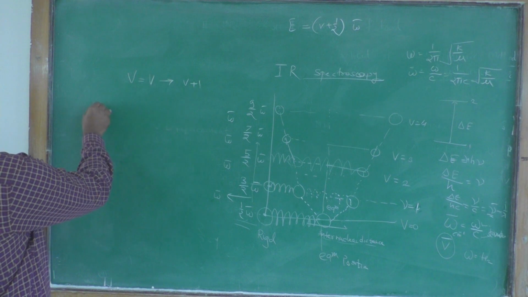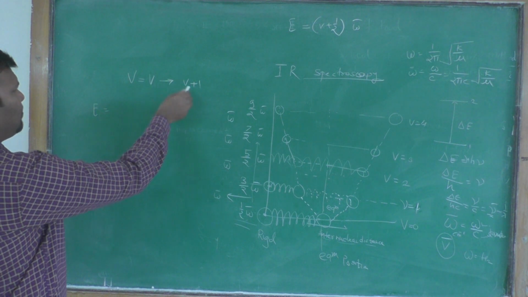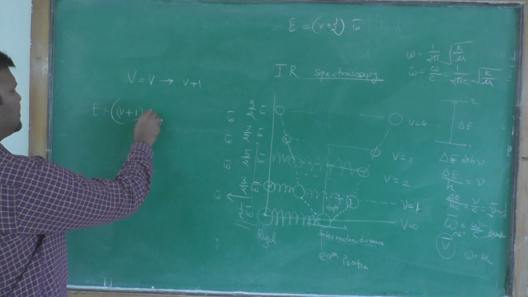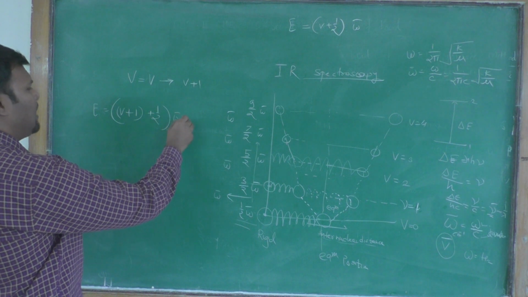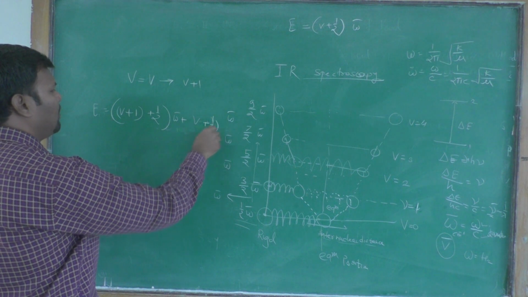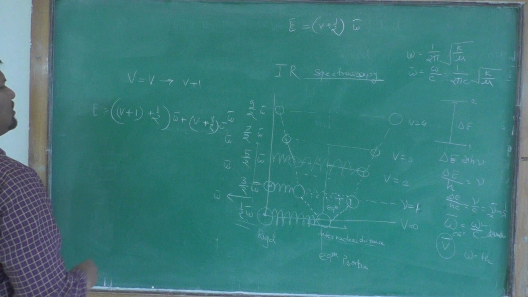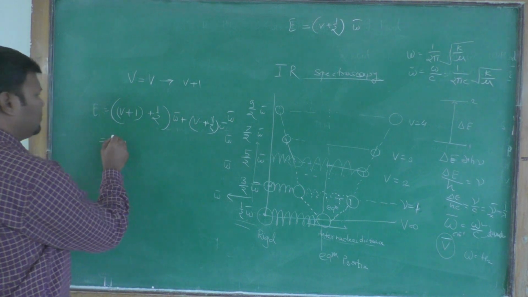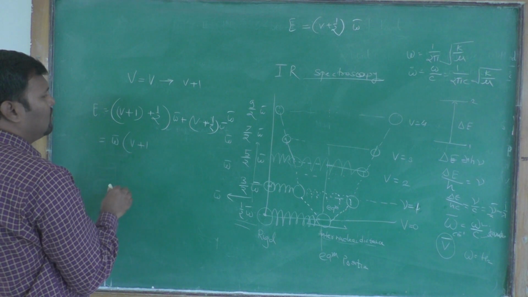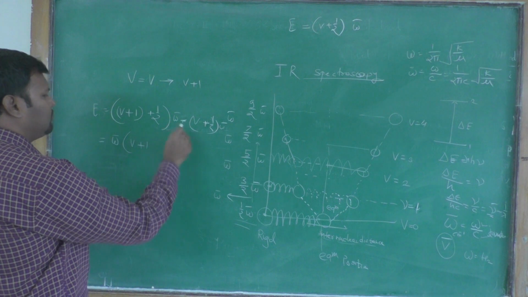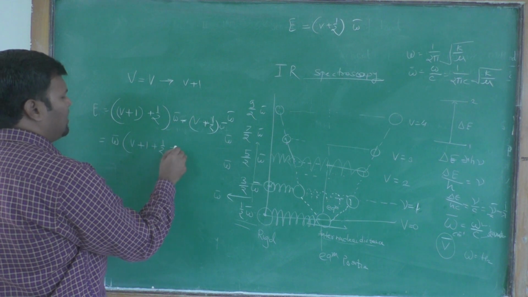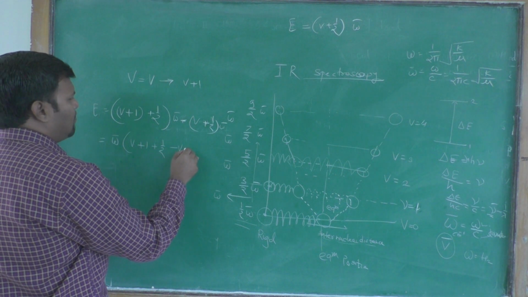Therefore for the excitation we first put V plus 1 instead of V, because it is excited: V plus 1 plus 1/2 omega bar, minus V plus 1/2 omega bar. Omega bar is the same, so we put it outside.